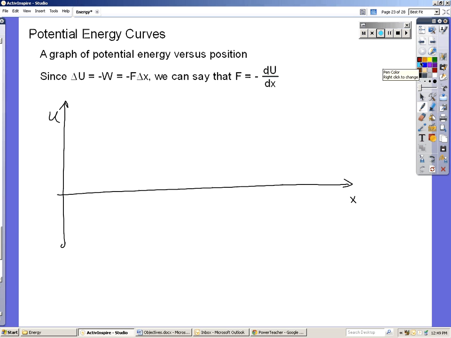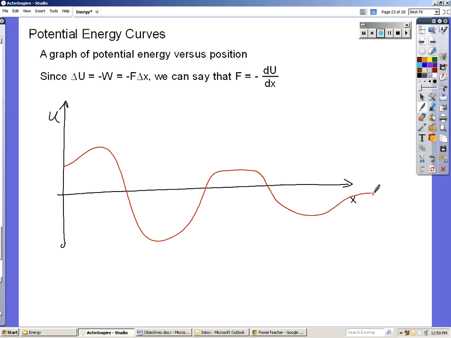Let's say that it happens to look like that. And it basically tells you the potential energy associated with a particular force when a particle is at different locations. And there's a lot of things we can learn about this. These graphs are one of the main tools that physicists use when we're looking at atoms and so on.